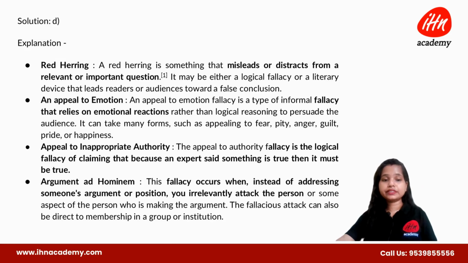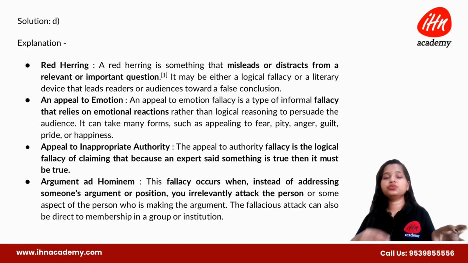Then argument ad hominem means this fallacy occurs when instead of addressing someone's argument or position, you irrelevantly attack the person. Okay, so here argument ad hominem means you try to attack the person, not the argument. For example, you are having a debate with someone and the other one is your enemy or you don't like the person or anything could be the reason.